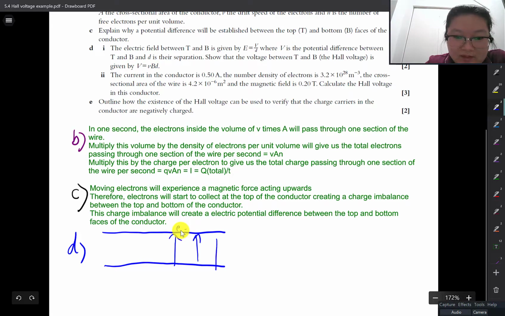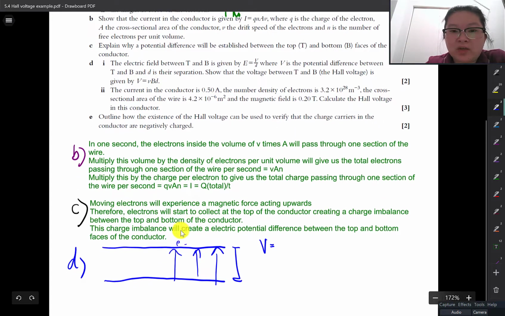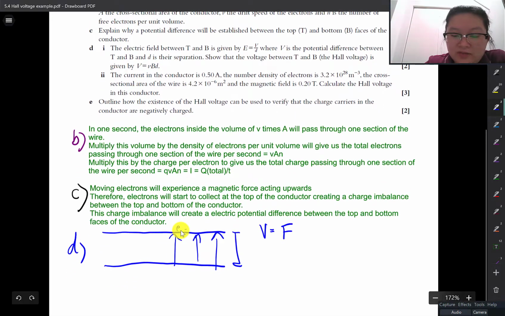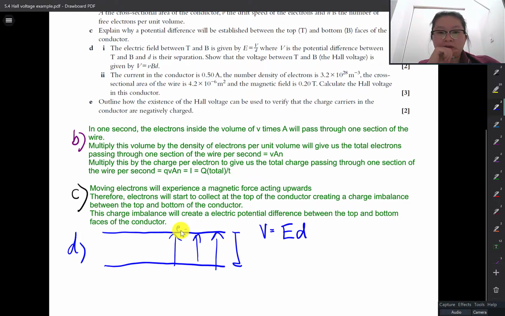These are electric field lines. We know that the potential difference across these two is going to be equal to, based off the equation, the electric field times the distance of separation, which we know in the question. We know V, actually we don't know V, we're trying to solve for V, but it seems like we also need to know the electric field.